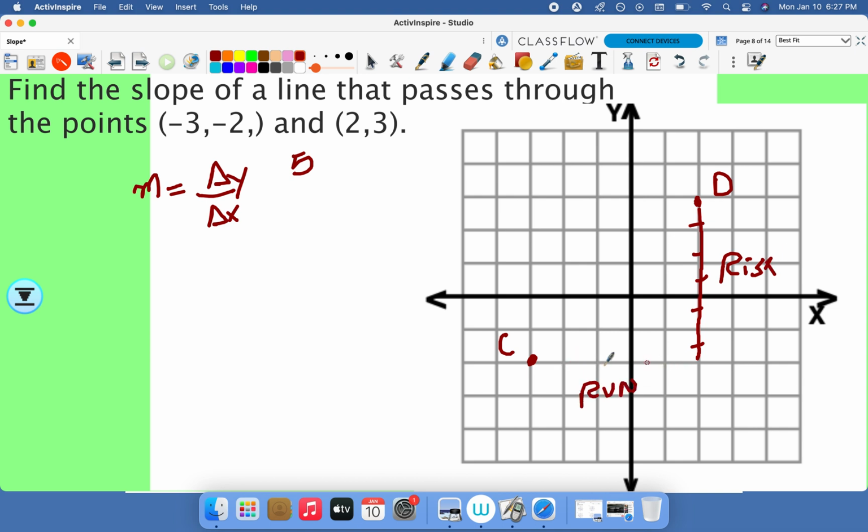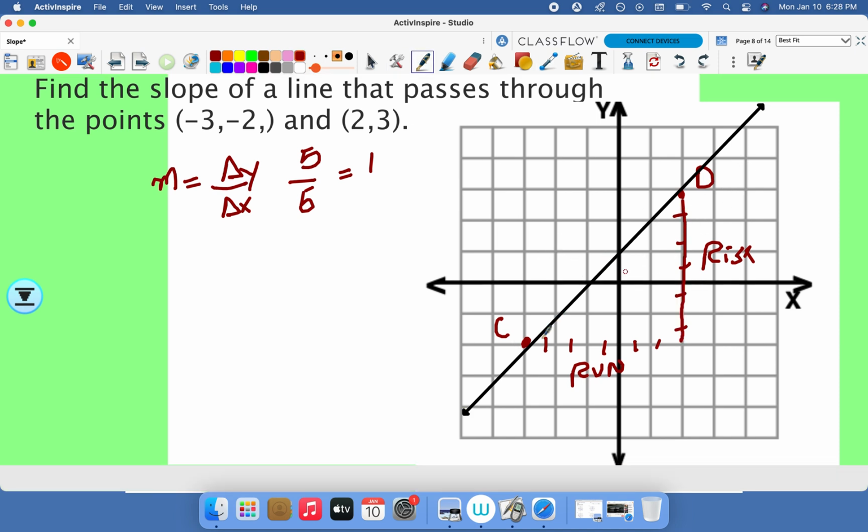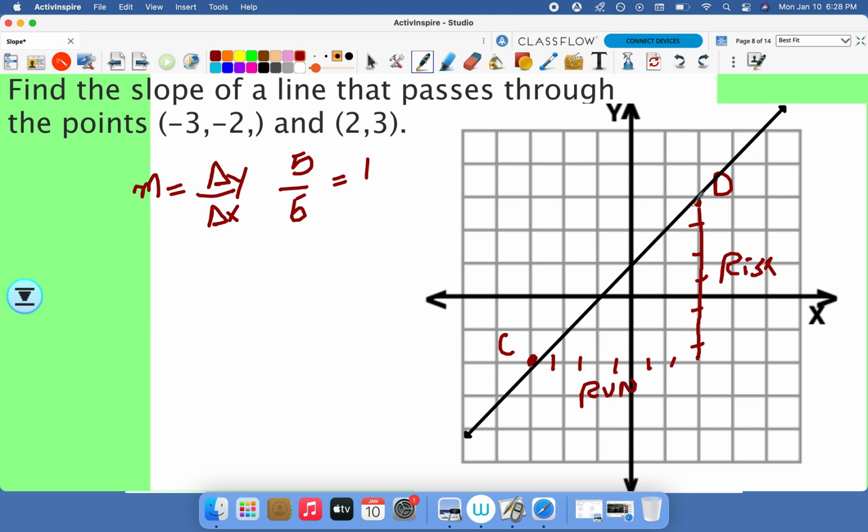So the difference between the x values would be 1, 2, 3, 4, 5. 5 over 5 simplifies to 1. So the slope of this line, if I were to connect it, and hopefully you'll do a better job connecting, would be 1. It's positive because it's going up from left to right.